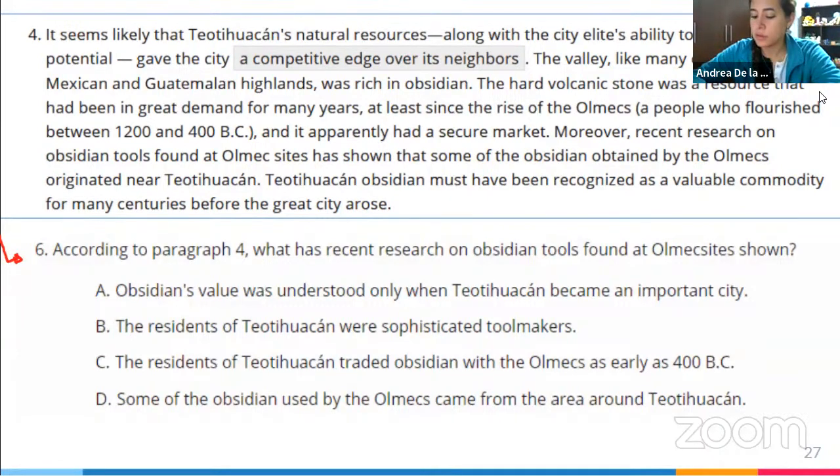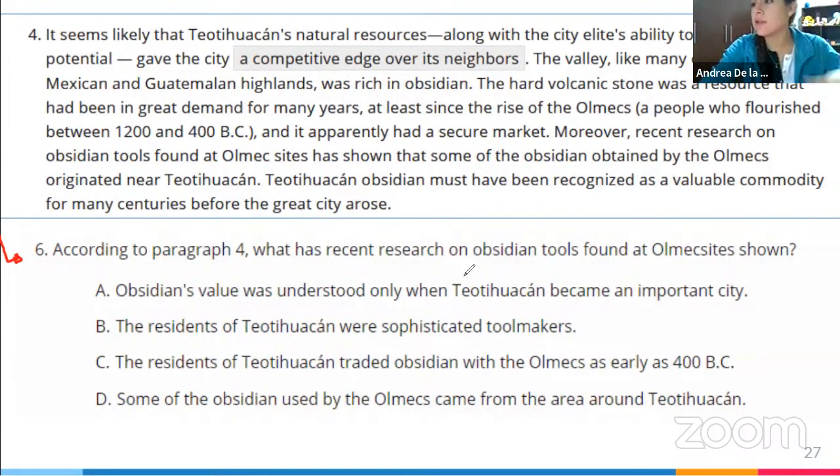What are the keywords in the question? Obsidian and Olmec sites. Because maybe research, Olmec sites, obsidian, right? Those are the keywords. We look for them in the text.